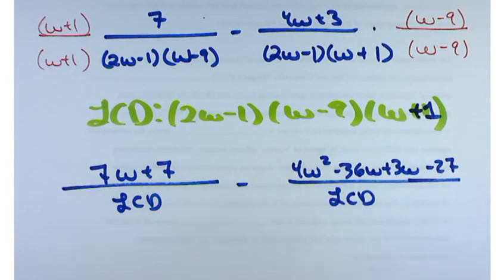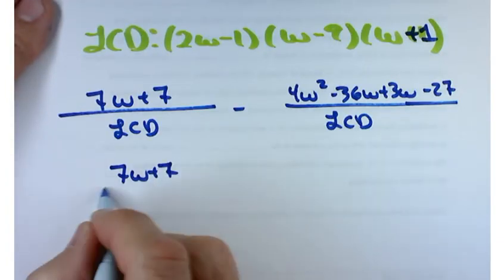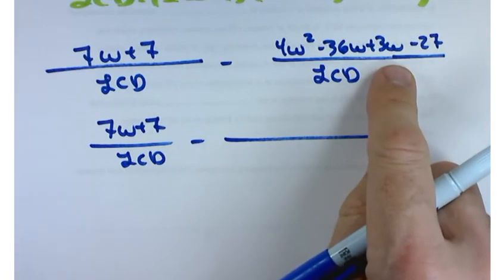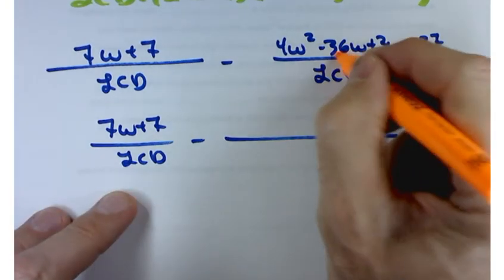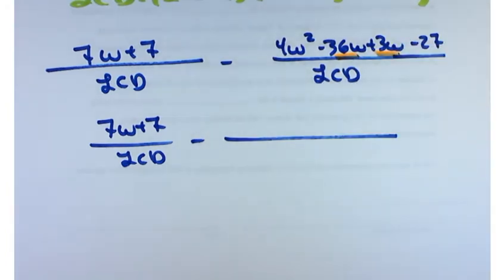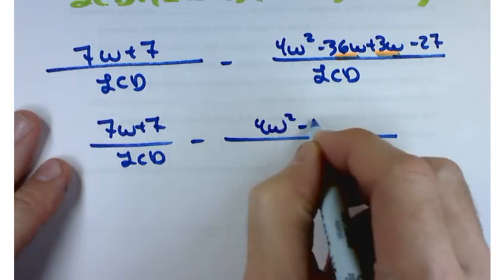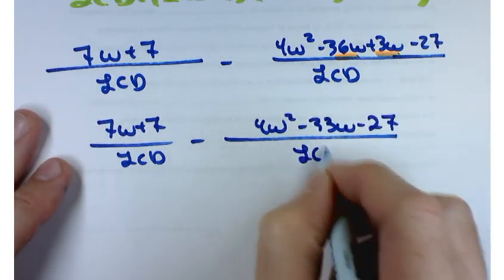I want to clean this up before I start trying to bring those together. So 7w plus 7 over the LCD, minus. There's like terms here. What am I going to get when I combine those like terms? Yep. So 4w squared minus 33w minus 27 over the LCD.